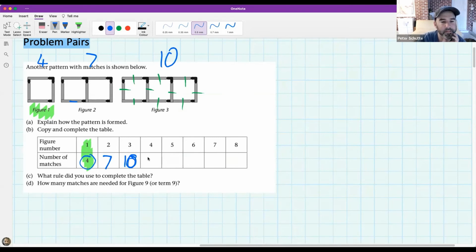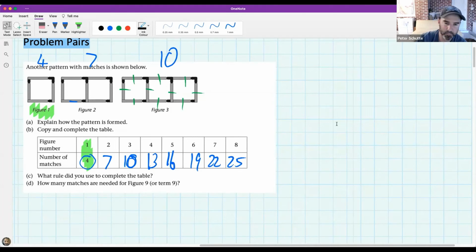It'll be 7, 10, 13, 16, 19, 22, and 25. Perfect. Thank you very much. Tatenda, if you could tell me what figure 9 would be, I'm going to unmute you.